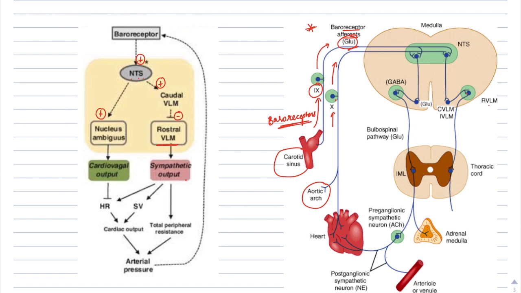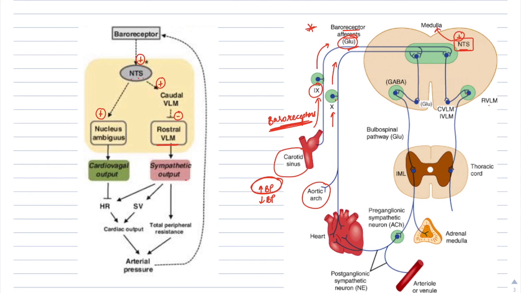So the carotid and the aortic arch baroreceptors have glutamate as neurotransmitter, and these baroreceptors sense an increase in the blood pressure or a decrease in the blood pressure. Now, first taking the instance of an increase in the blood pressure, which is sensed by the baroreceptors. It will activate the nucleus tractus solitarius that is present in the medulla.